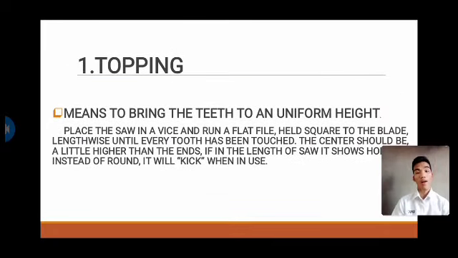Tapping. What is that tapping? Tapping means to bring the teeth to a uniform height. Have you seen a crosscut saw whose teeth are not uniform or not flat, not equal in height? That is the use of tapping.